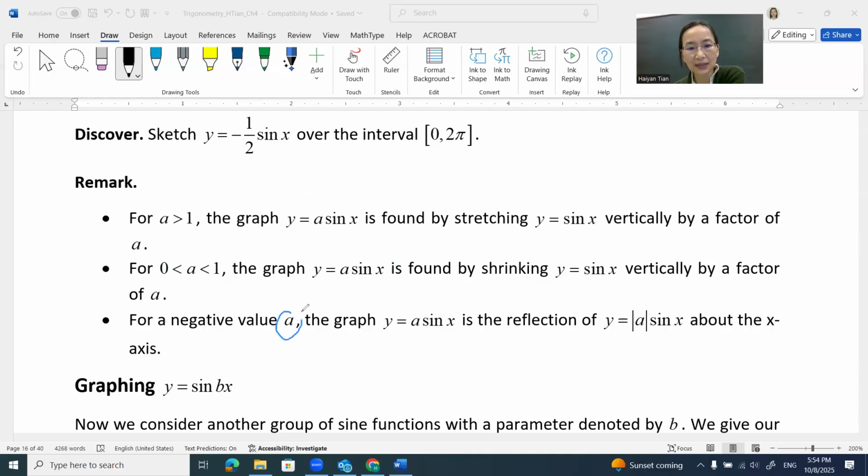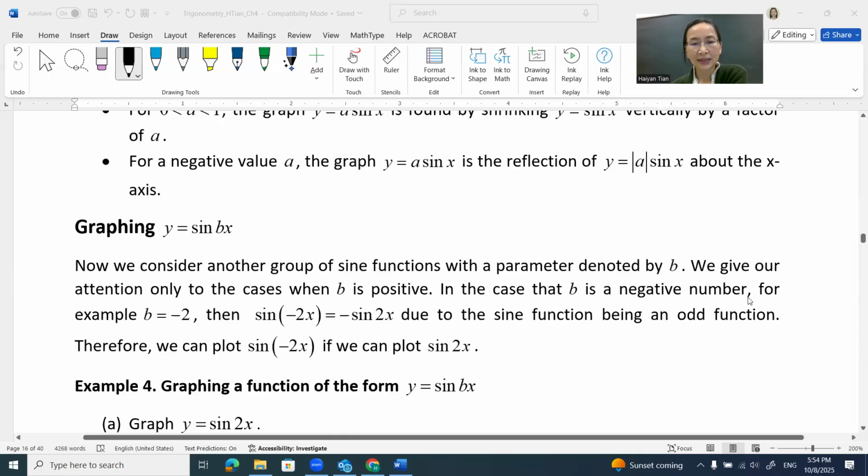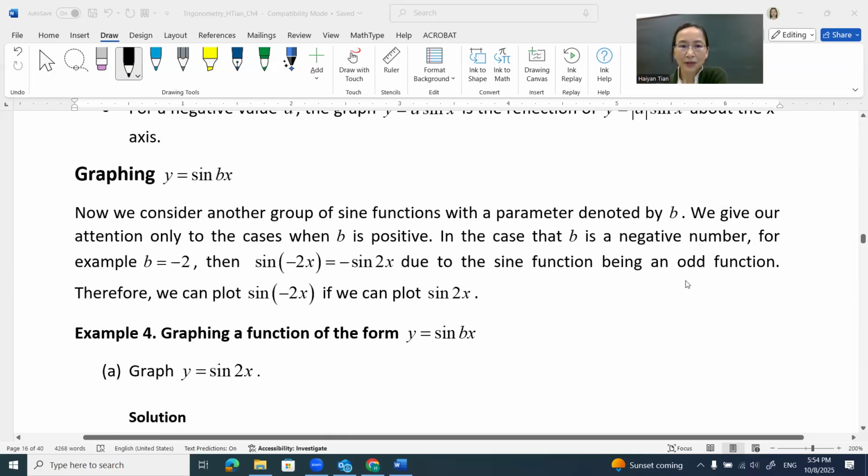If you have a negative A, then first just use the positive value and get either stretched or shrunk depending on the absolute value of A, and then later you do a reflection about the x-axis. Okay, now we're ready to look at another variation for sine.